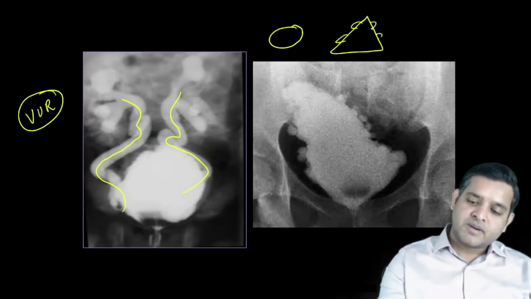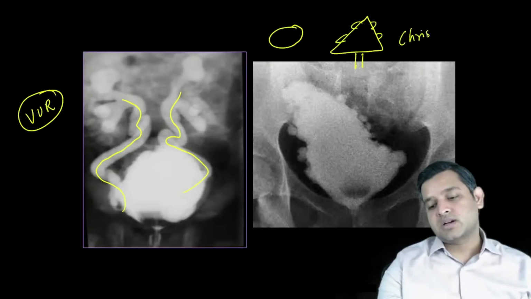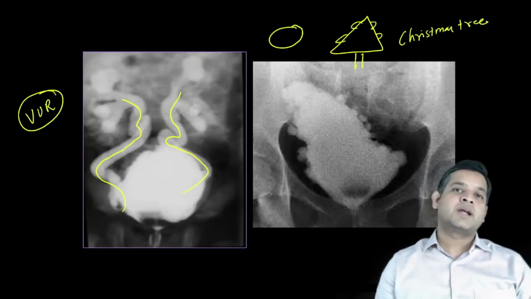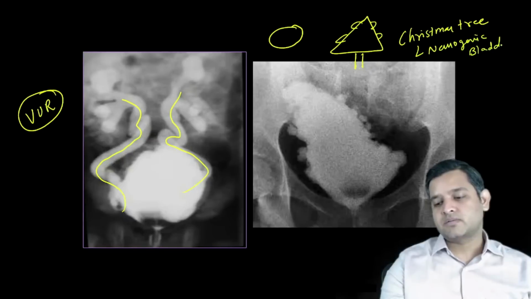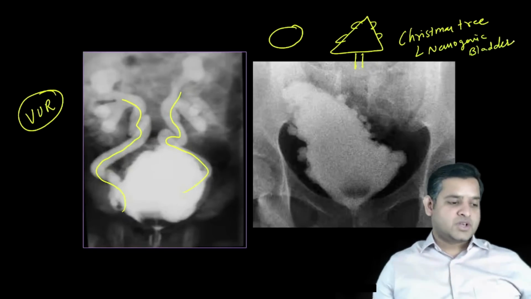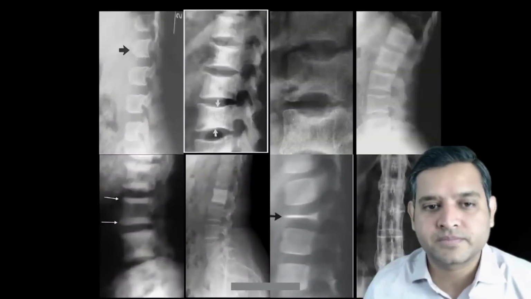You are seeing multiple trabeculations and a stem, which is called a Christmas tree bladder, which is also called a neurogenic bladder. Okay.